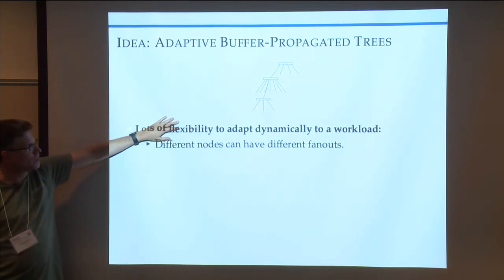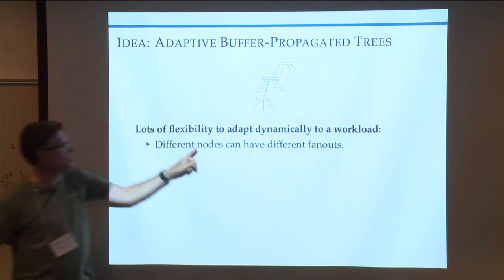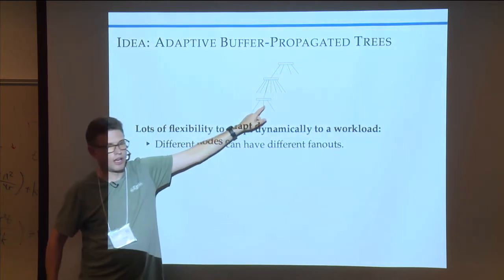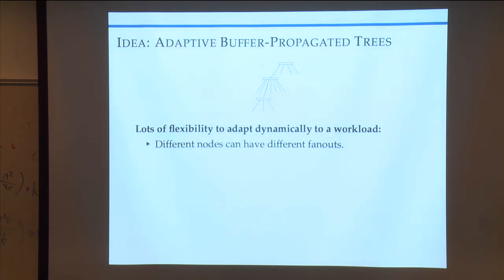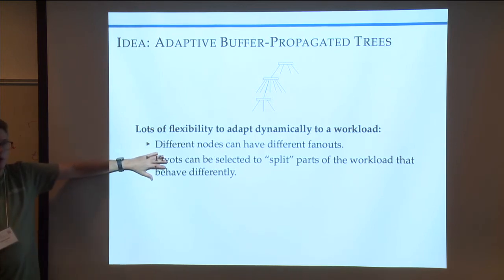And there's lots of flexibility that we have to adapt dynamically to a workload. I'll describe the pieces of flexibility. One of them is that different nodes can have different fan outs. I explained before why you might want some nodes to have a large fan out and some to have a small one, depending on whether it's mostly insertions or deletions that are passing through that node. Another important piece is the pivot selection. I'll probably just repeat, with a little more detail, in the next slide why pivot selection turns out to be important.